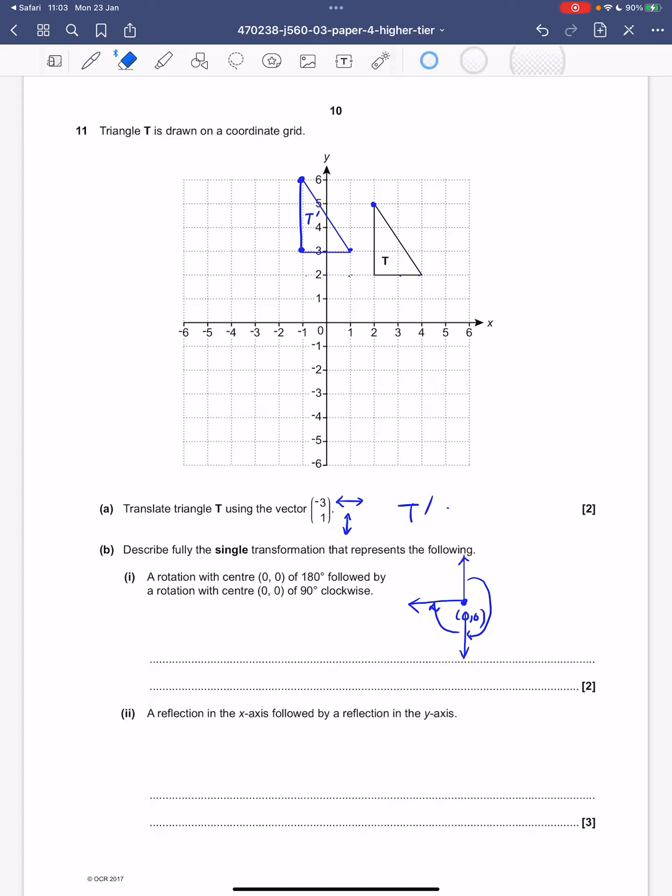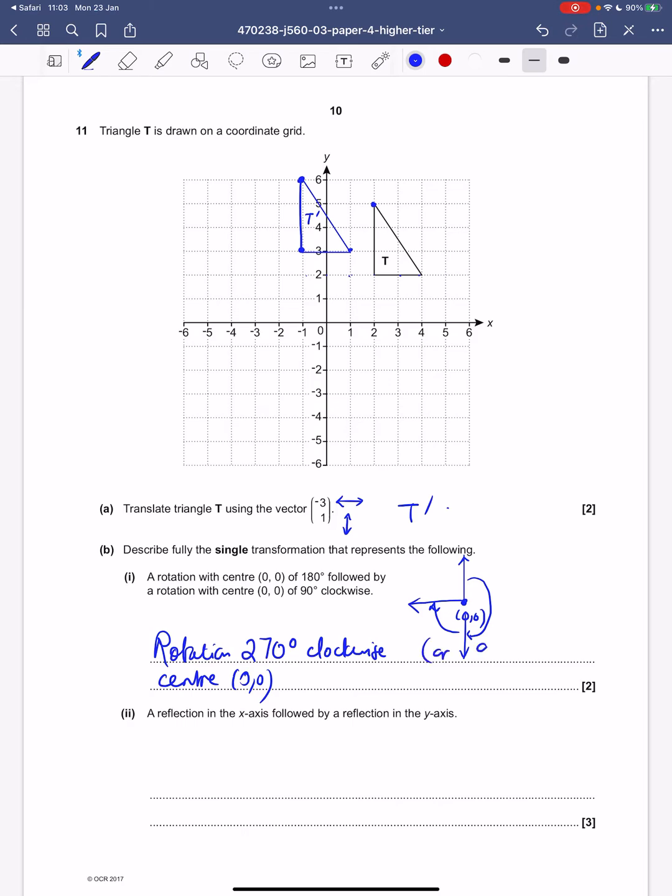So you could actually say it's going to be a rotation. So we do 180 followed by 90, you could say it's 270 degrees clockwise. And it's the same centre, so you can say it's with centre 0, 0.